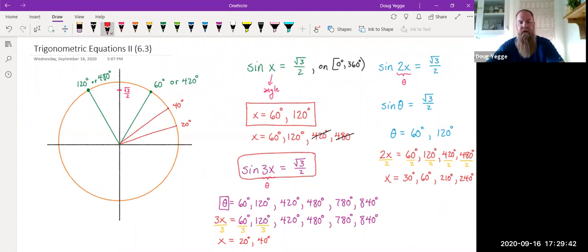So I already see that 20 degrees and 40 degrees are a couple of answers, but those aren't the only answers, because if I draw a second rotation and divide that by 3, I'm now going to get a couple of other answers, 140 degrees and 160 degrees, which you should realize is basically cutting this quadrant in thirds, which now means that I have 140 degrees is another answer, and 160 degrees is another answer.